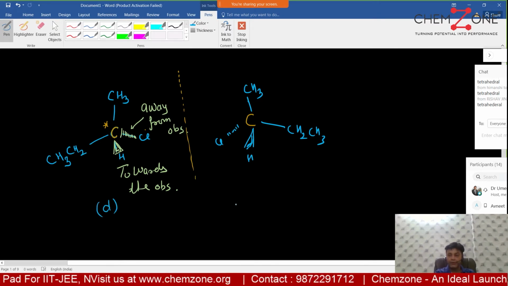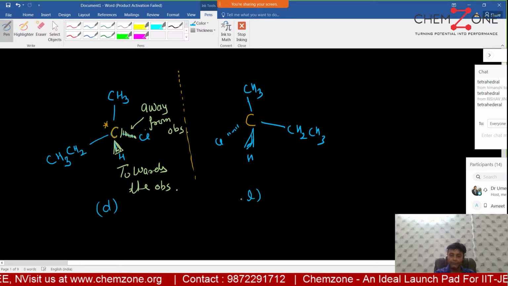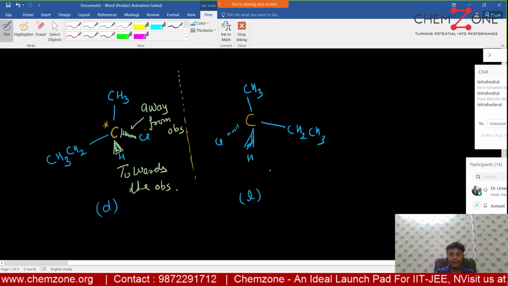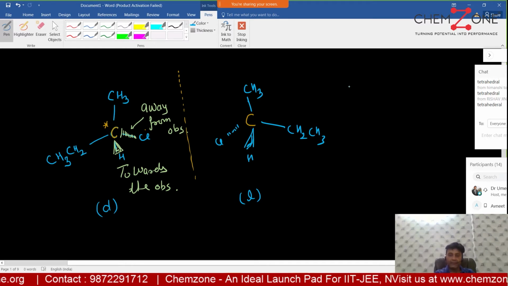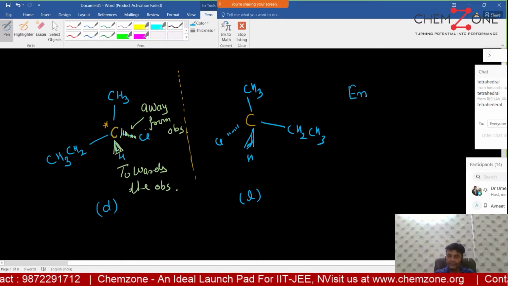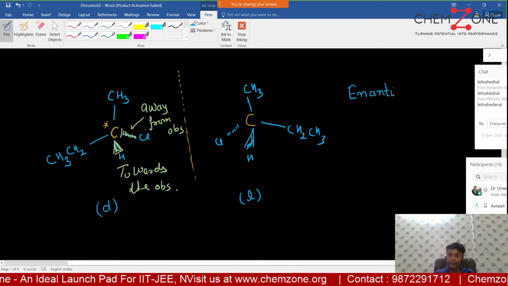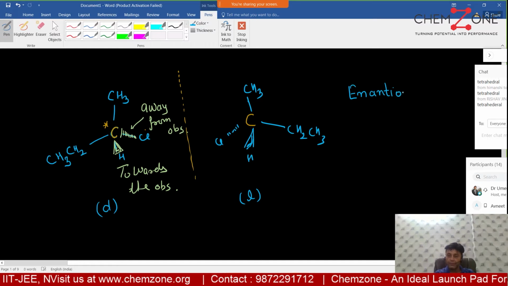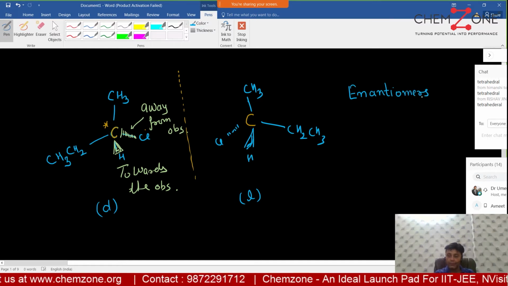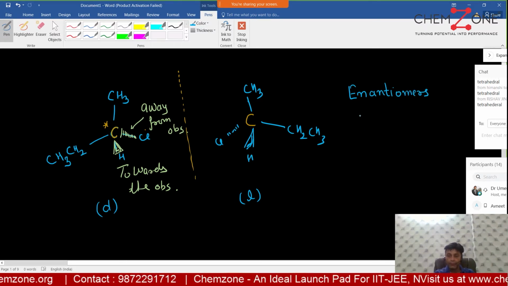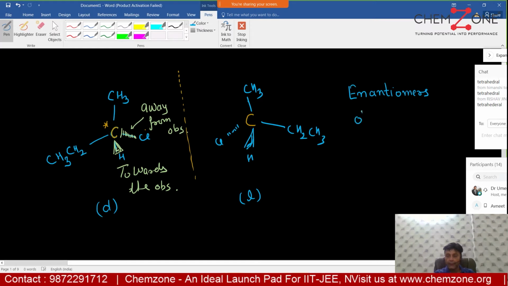One is dextrorotatory and the other is levorotatory. And these two isomers are called enantiomers. These are non-superimposable upon each other. Enantiomers. These are also called optical isomers.